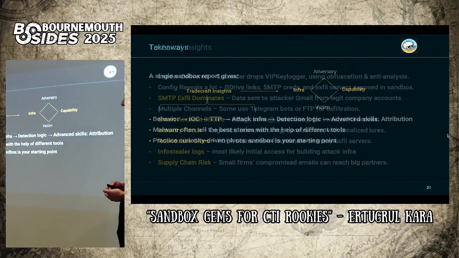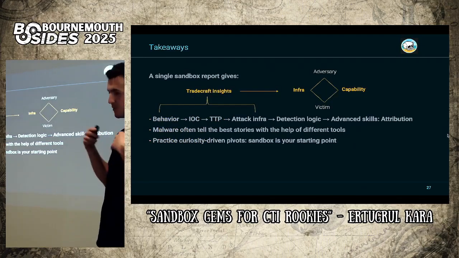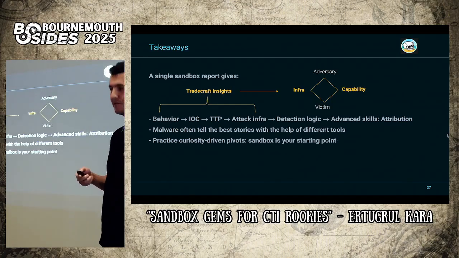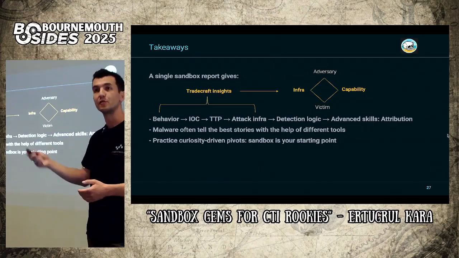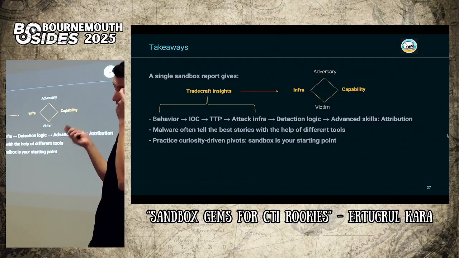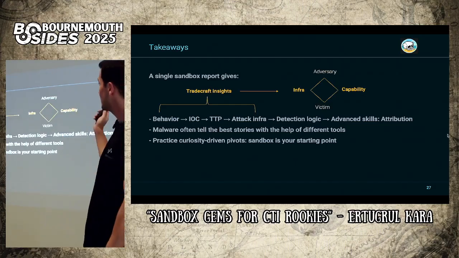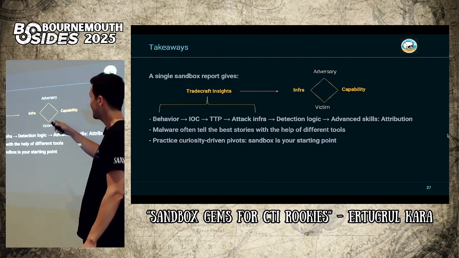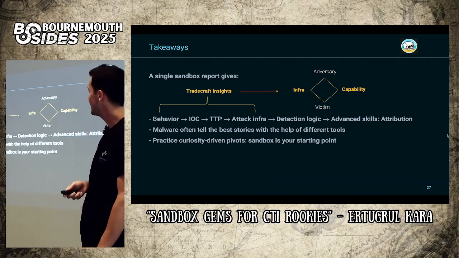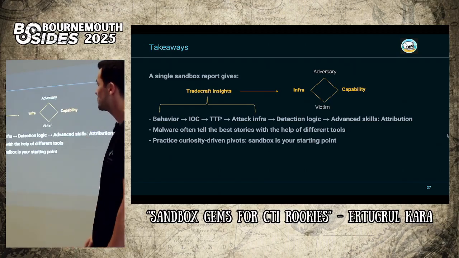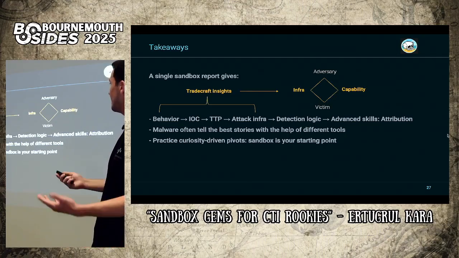And the takeaways, again, this was a roundup of insights from VIP keylogger specifically. If you would like to go one step further to attribution, it's a good start, because when you look at a well-known model, the diamond model, you have clues around infrastructure and capability. Those are two corners of the diamond model, which would probably connect you to the adversary.